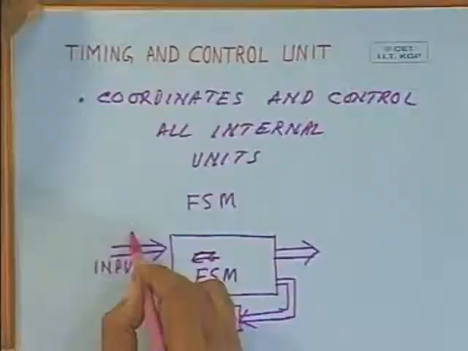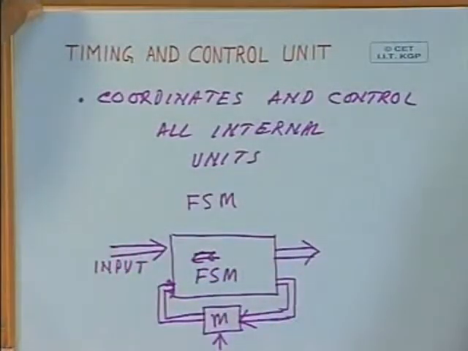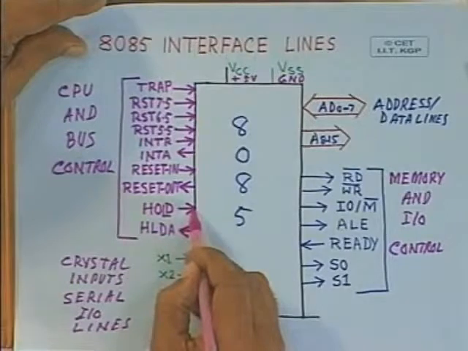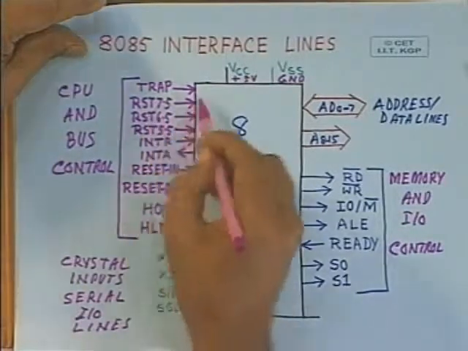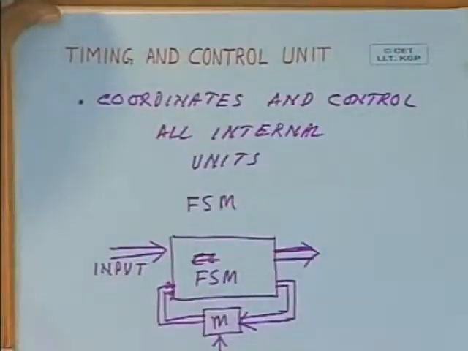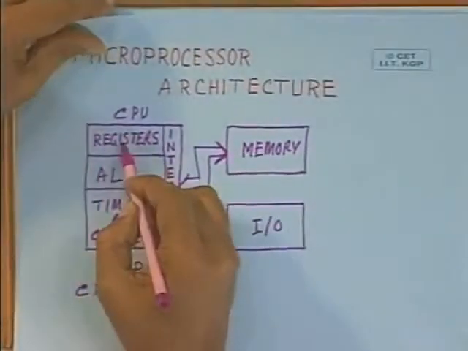And the way the control unit operates, it acts like an FSM. You will see that it will receive some inputs, like the inputs that I have discussed, coming from, say, hold acknowledge, hold request, interrupts, and also some inputs coming after decoding the instruction. And in return, it will generate control signals to control all the different sections, the registers, ALU.